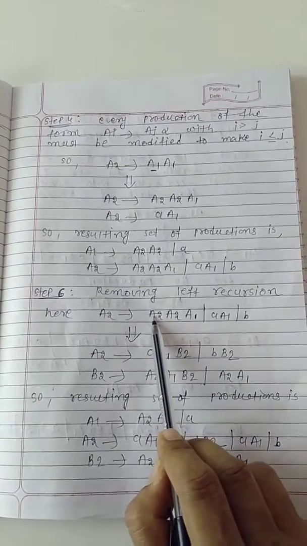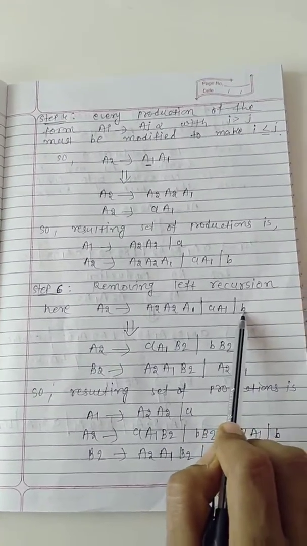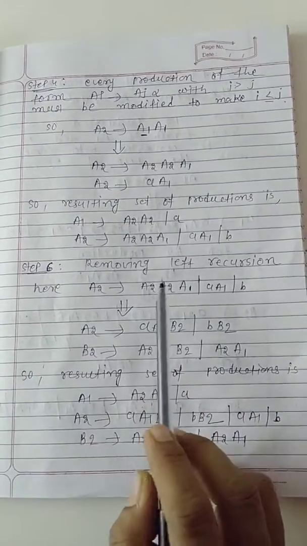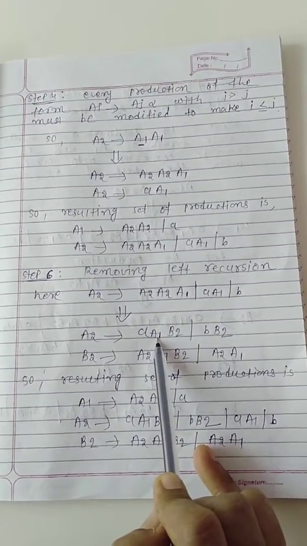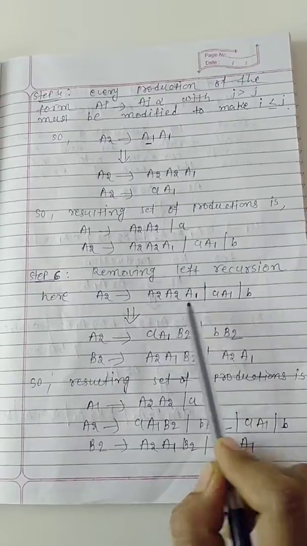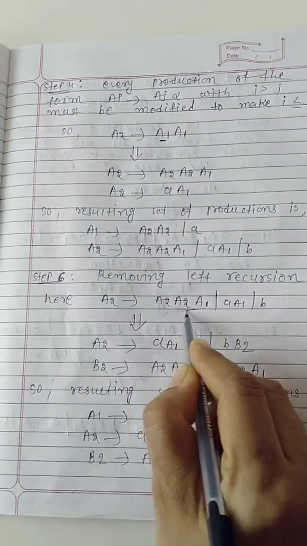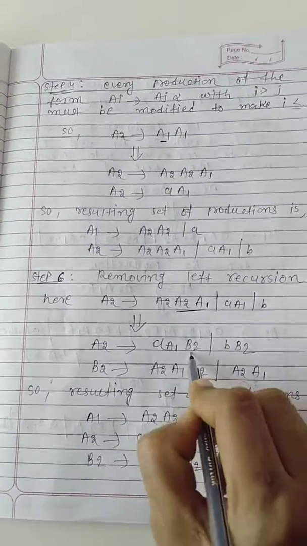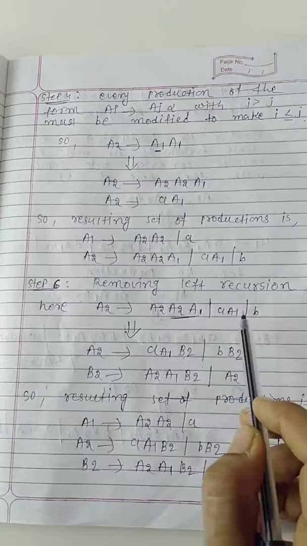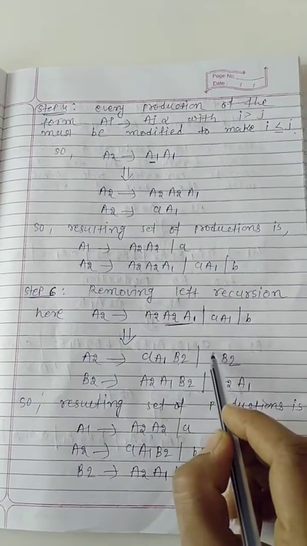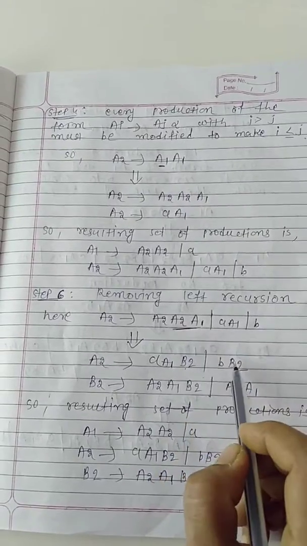So instead of A2 we will put these values. A2 tends to A1, and instead of this A2 A1 put B2, and again instead of this A2 put b. So b we have written over here, and A2 A1 equal to B2 we have assumed.